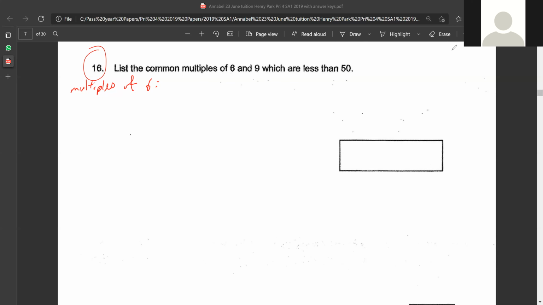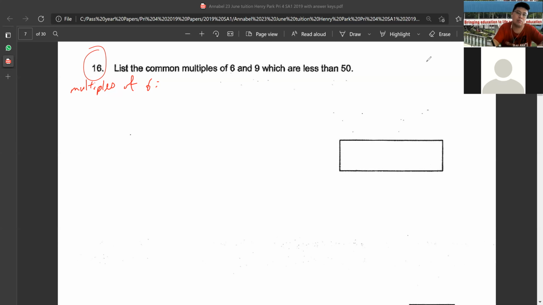The multiples of 6 are 6, 12, 18, 24, 30, 36, 42, 48, 54. Yep, can stop here already because less than 50.